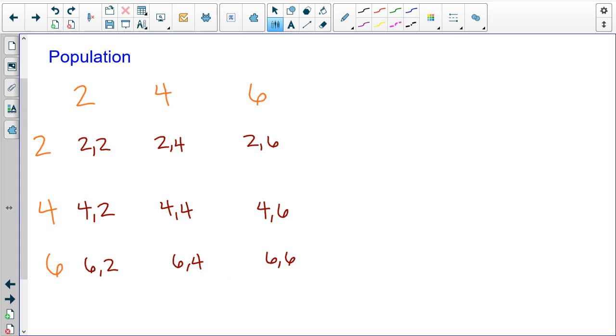Do you see that those are all samples that you could draw from that population of 2, 4, and 6? As long as you think of it as with replacement. So if this is a sample, this is a sample, this is a sample, all of those are samples. Can you find the mean of each of those samples?